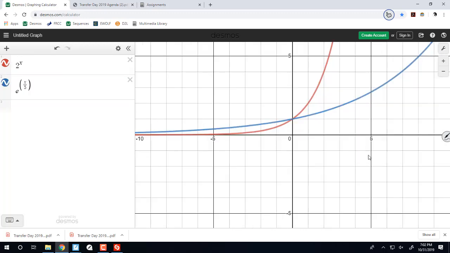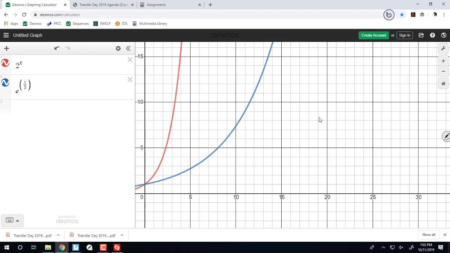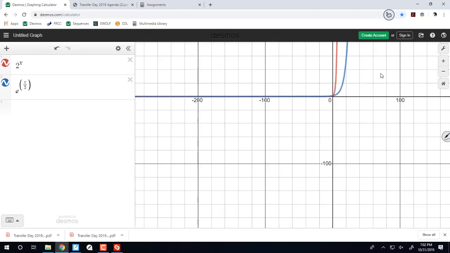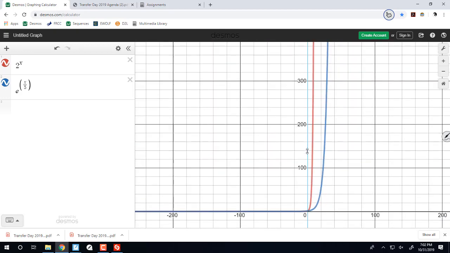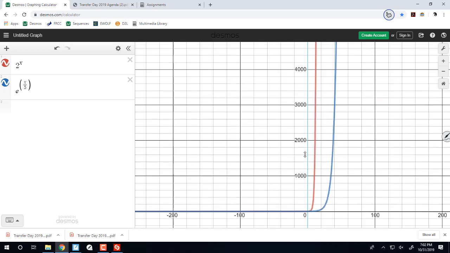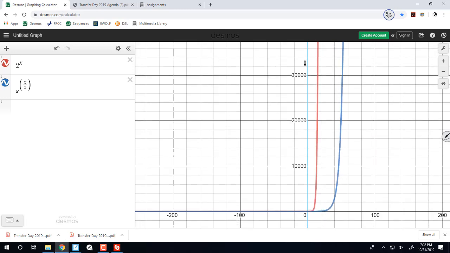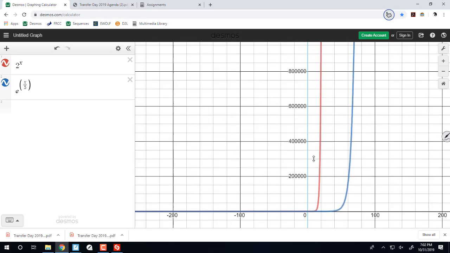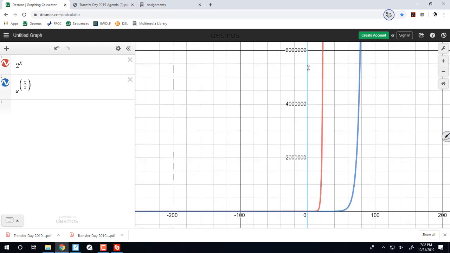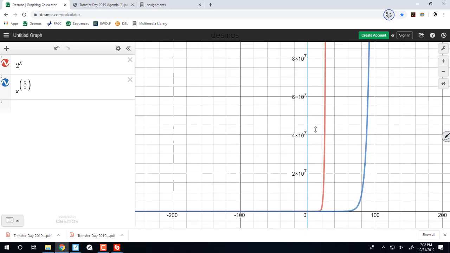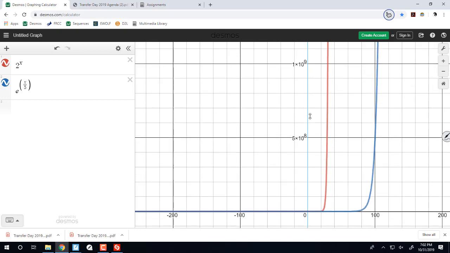So 2 to the x in red, e to the x over 5 in blue. Probably won't capture it. I mean, it certainly looks like 2 to the x is growing much more rapidly, even as we go out here.